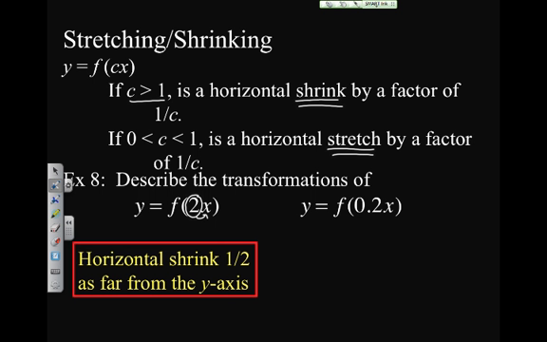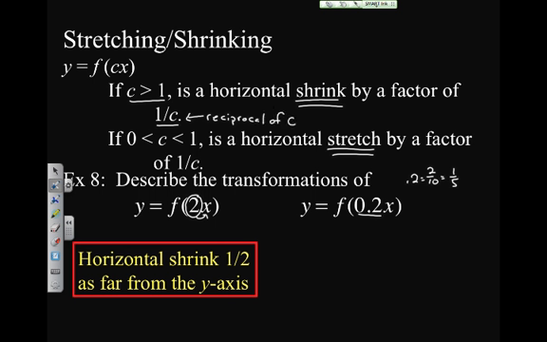When we look at this second one, 0.2, this is the one that might be a little bit trickier. 0.2 is equal to 2/10, which is 1/5. Okay? Now, when we look at 1 over c, this is how we write algebraically the reciprocal of c.